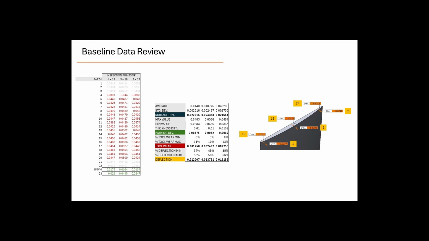So we take the total surface deviation and essentially subtract the deflection and the pathing deviation, to verify that the tool wear is eventually going to end up being exactly half of the standard deviation. The reason it's half is because we have a diameter and we're looking at the radius.